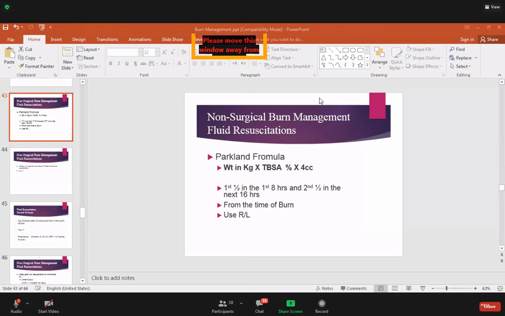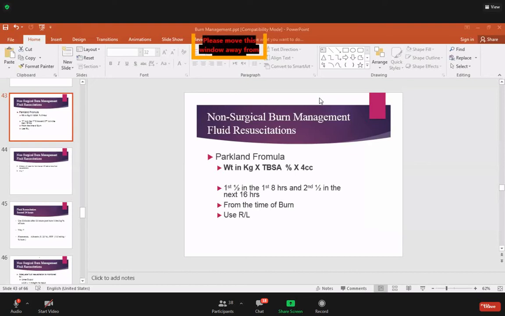If the patient has burnt at 8 a.m., half of it you will give in the first 8 hours, and then the other 4.2 you will give after 4 p.m. till the next day 8 a.m. So half of the fluid we give in the first 8 hours, and half we give in the next 16 hours.